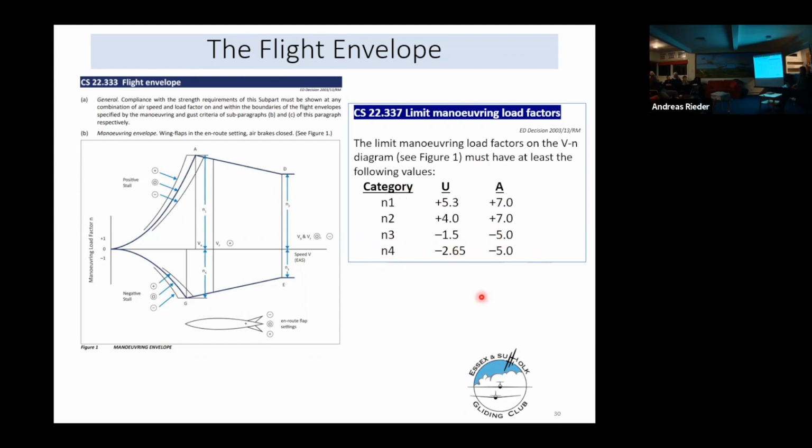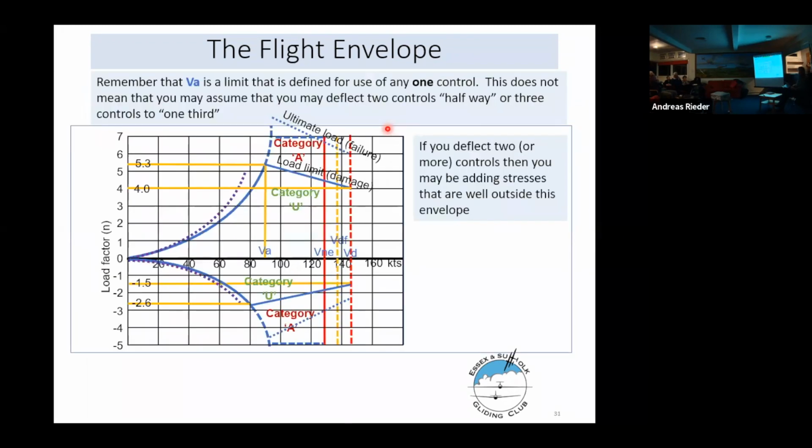So this is just defined in CS 22.337. If you deflect 2 or more controls, then the shape of this envelope changes, and you may well then be outside the flight envelope. So this VA is for one control only.